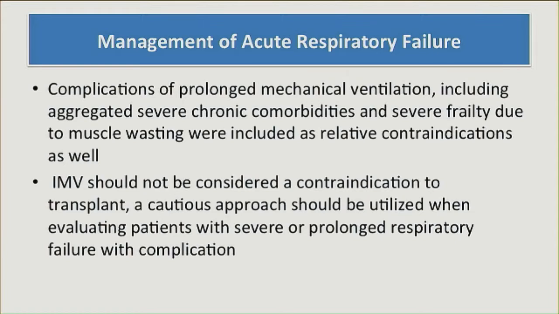So this is the principal management of patients with lung involvement in end-stage liver cirrhosis.